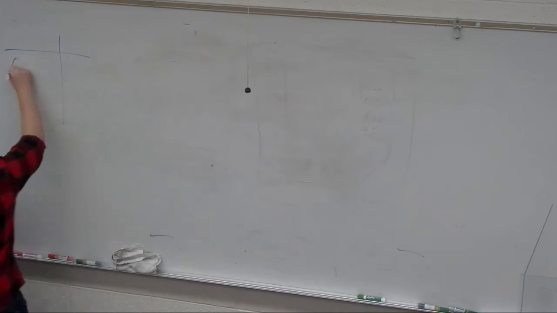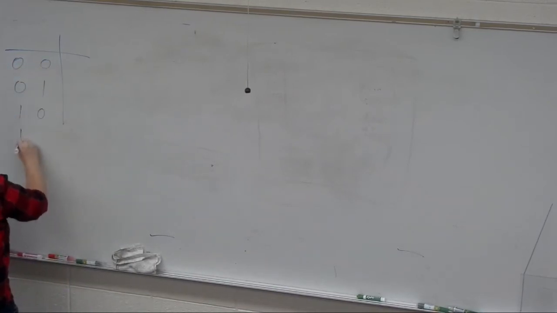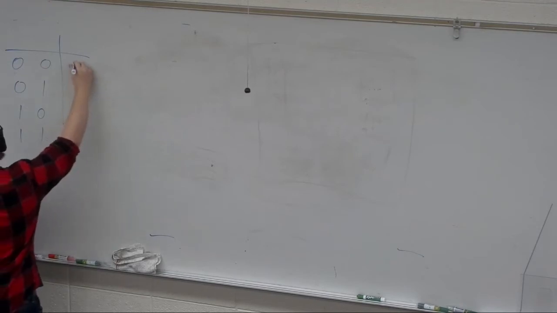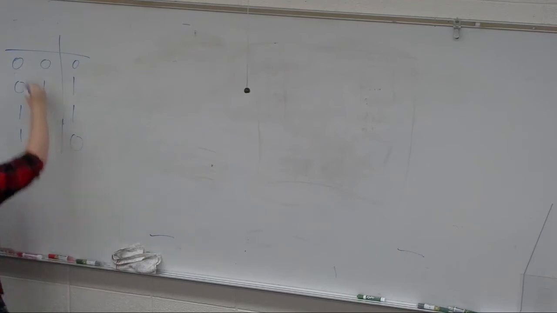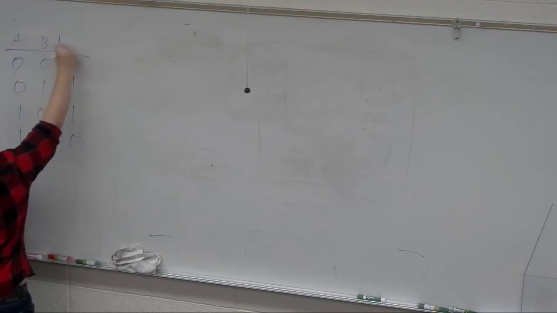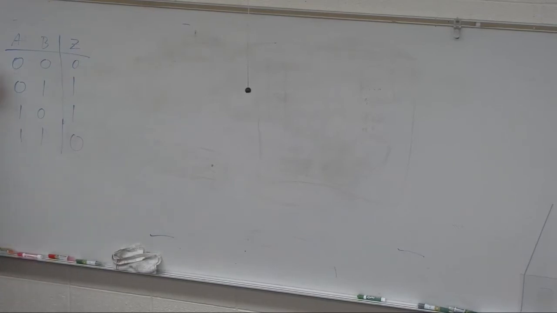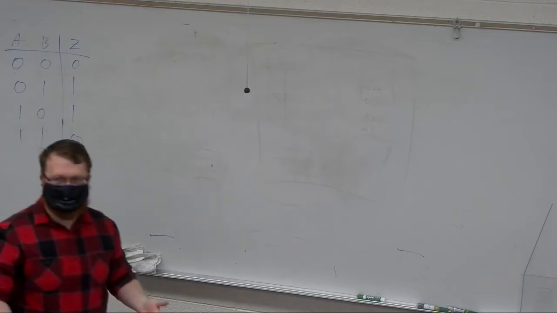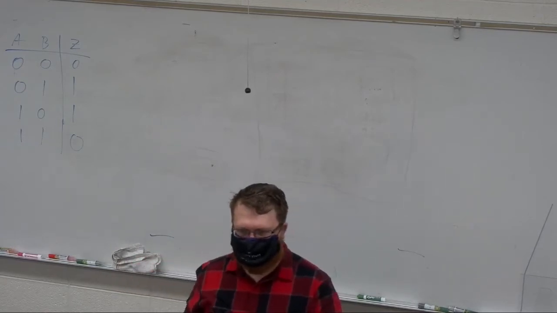So it has two inputs, one output. I give it an A and a B, and it just outputs that value based on some lookup table, right? That's fairly simple, straightforward logic.